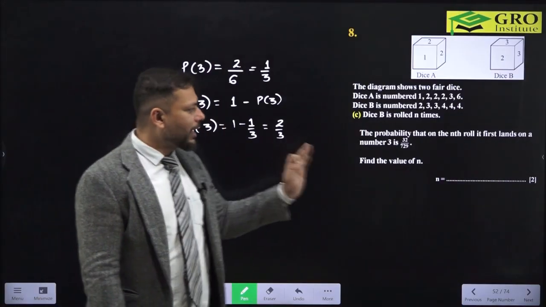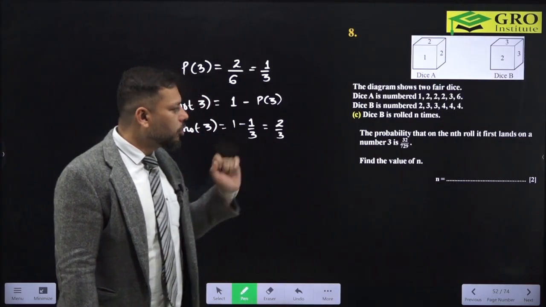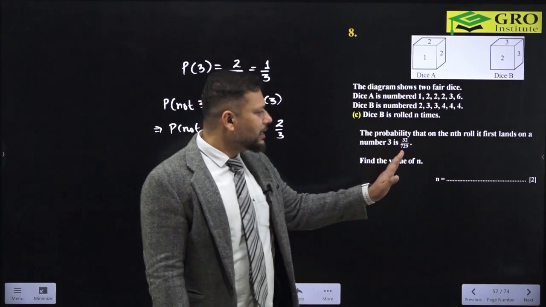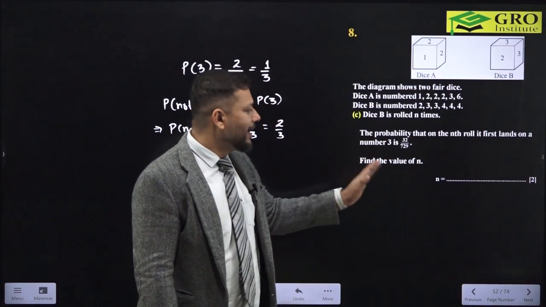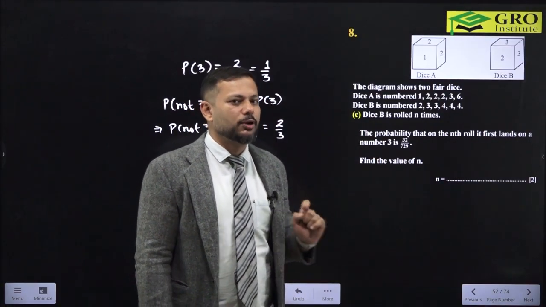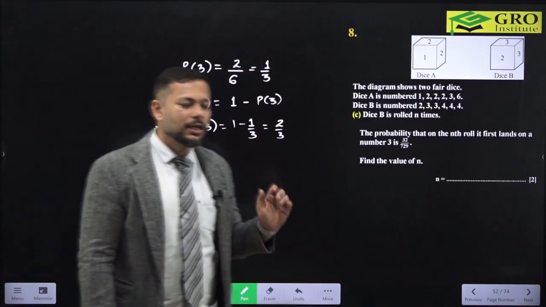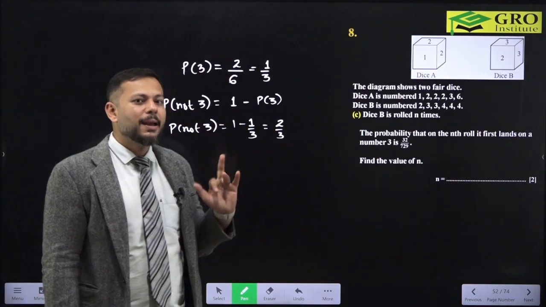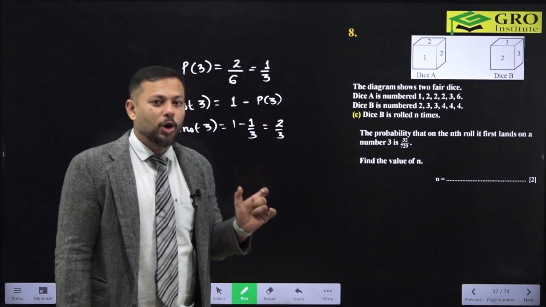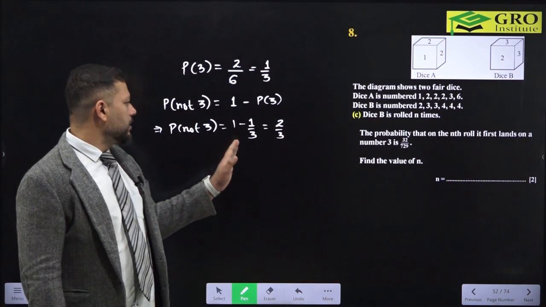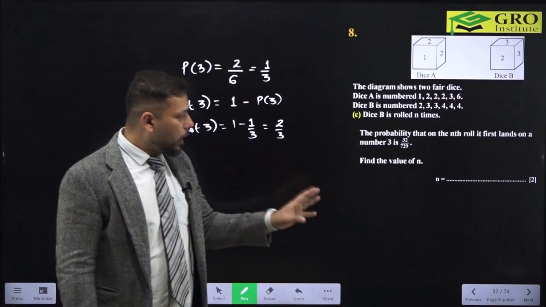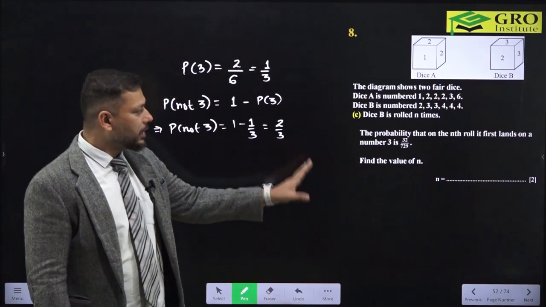So let us try to write down in terms of an equation. The probability that on the nth roll it first lands on a number 3 is 32 upon 729. That means the probability of n minus 1 number of times not getting a 3 multiplied with the probability of getting a 3. So now according to the condition, let us read the question.